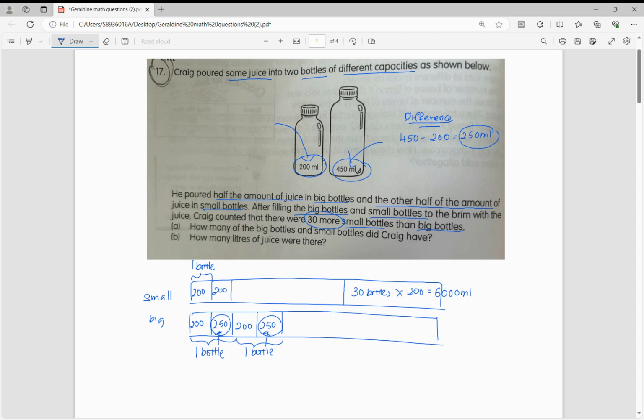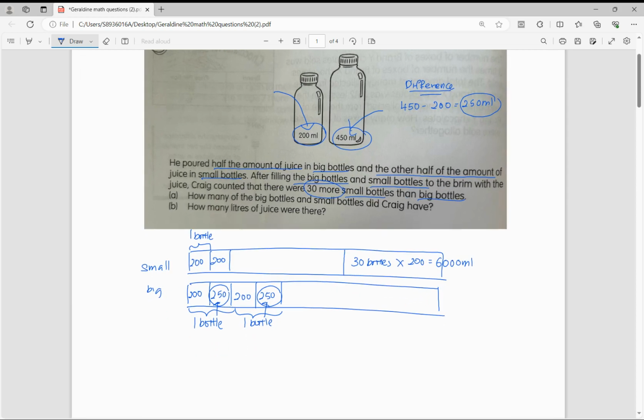So how many groups of this 250 will make up the 6,000 difference here? I will have 6,000 divided by 250, which is a total of 24 groups. So there are 24 groups of this.